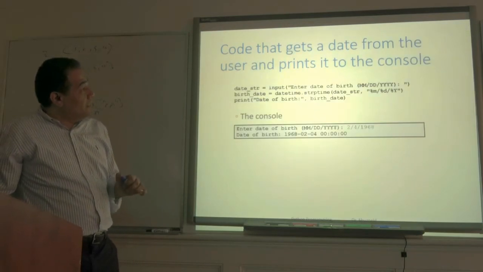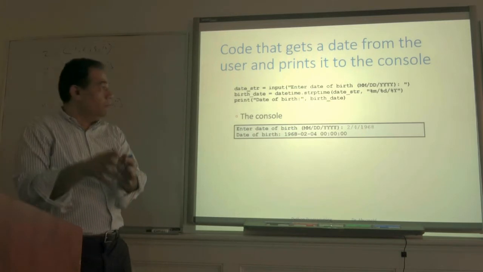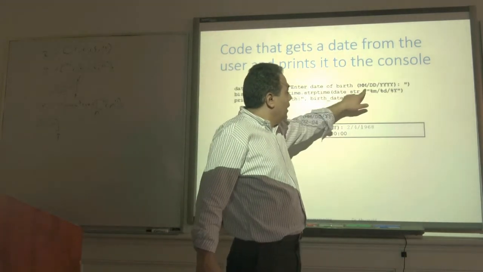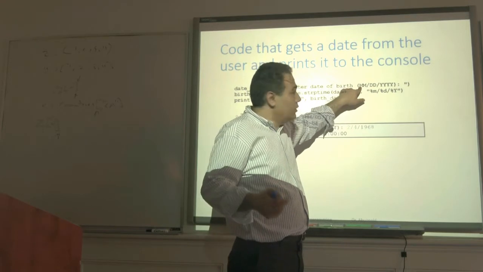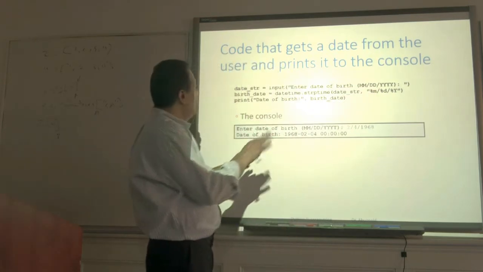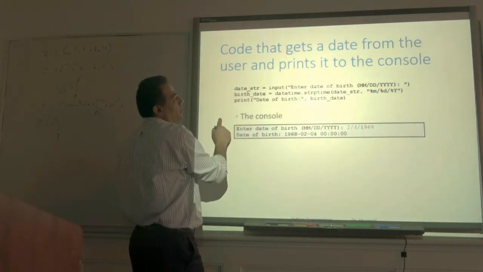Code that gets a date from the user and prints it to the console. So for example in here, input, enter the date. And you're telling the user enter month digit, slash date, slash year. The person will enter it, and it will be saved in the date string.